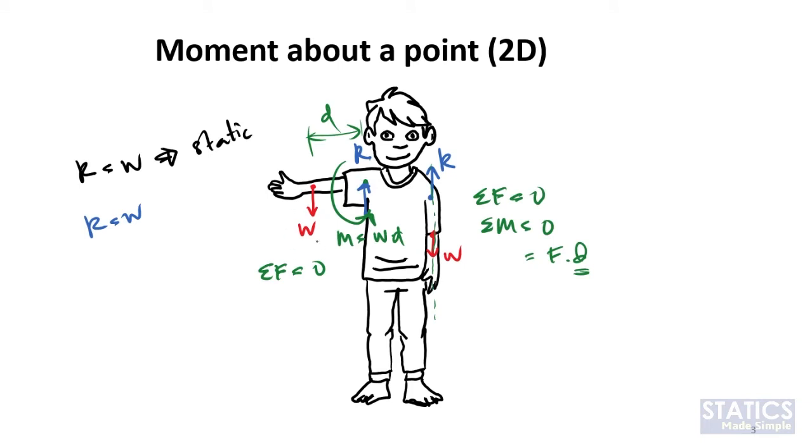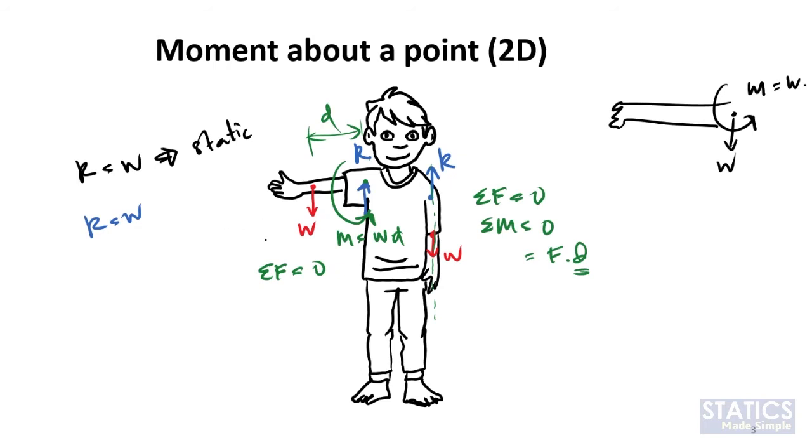So if we want to replace the effect of the weight at the shoulder, at the shoulder you'll have the weight plus the moment due to this weight, which equals the weight times d.